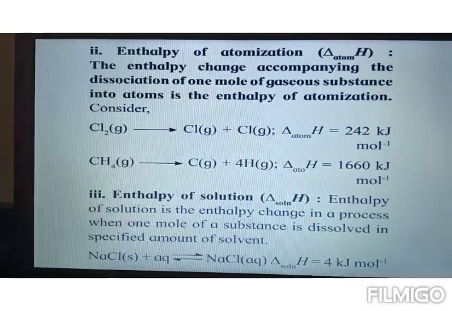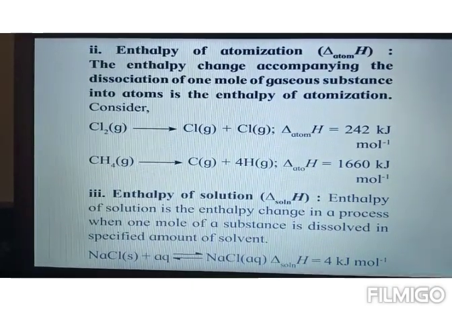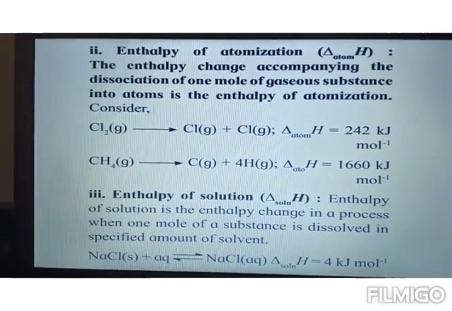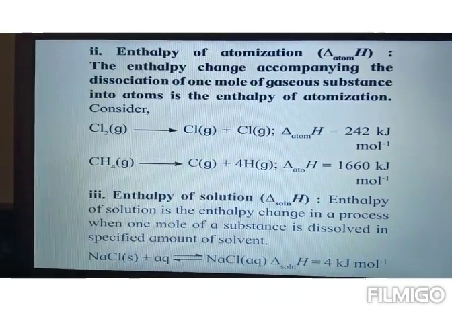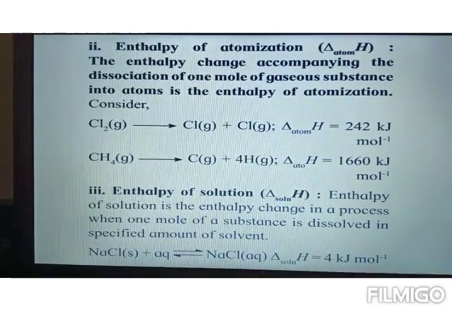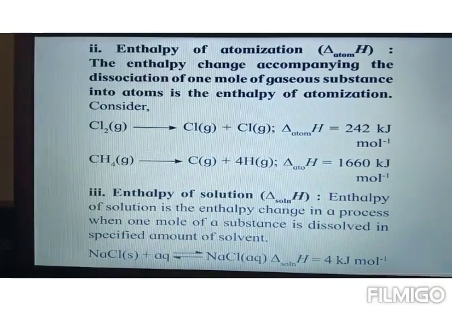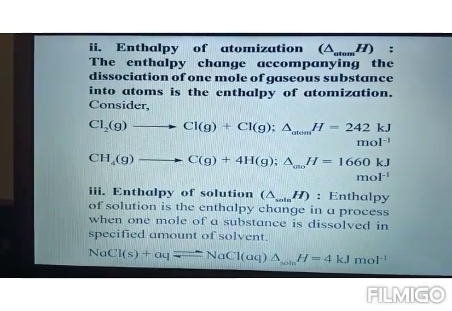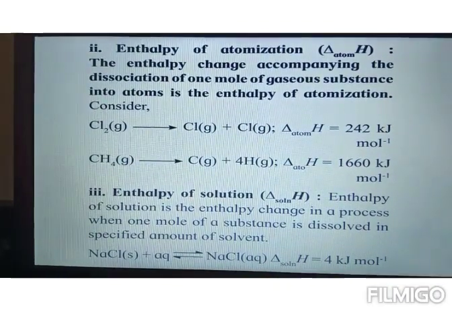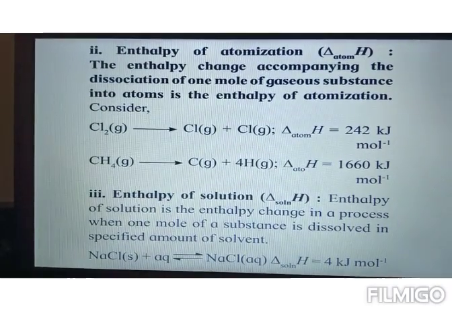And then we have the last, that is enthalpy of solution. It is denoted by delta H solution. Enthalpy of solution is the enthalpy change in a process when 1 mole of substance is dissolved in a specified amount of solvent.